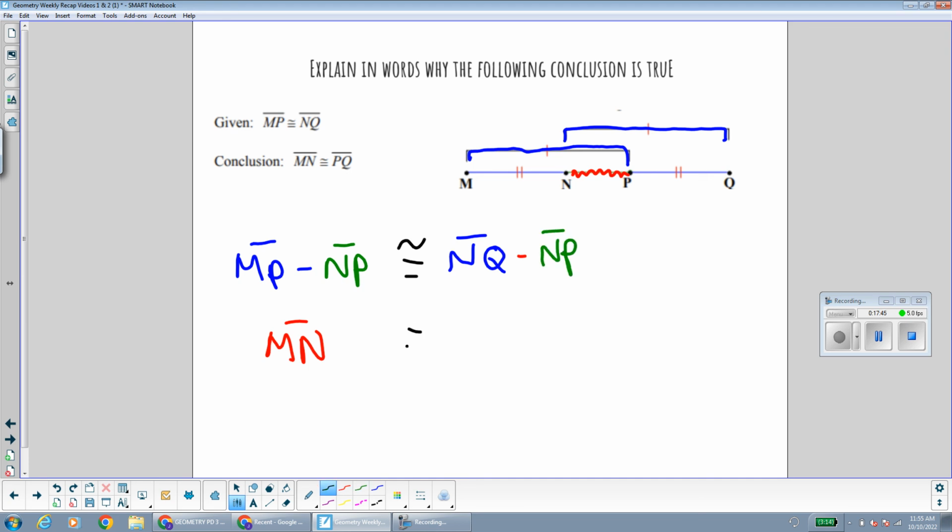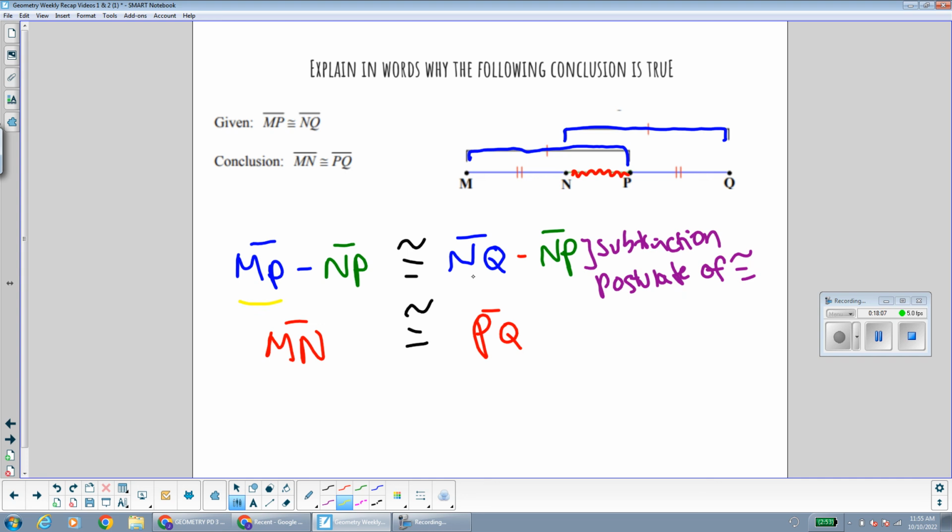And that leaves us over with PQ. So we use the subtraction postulate of congruence.